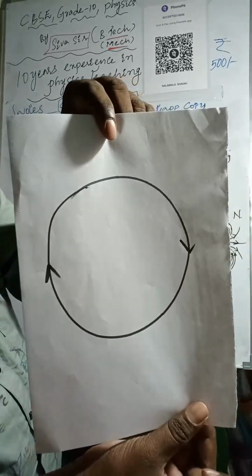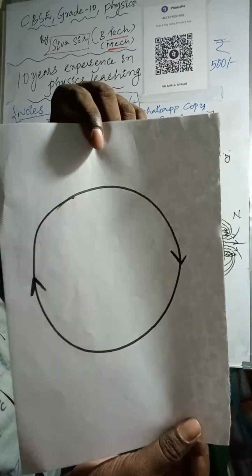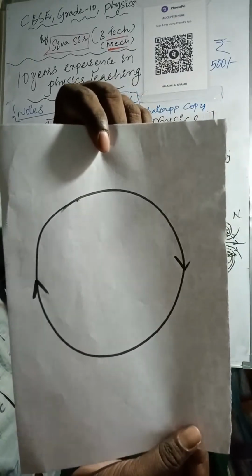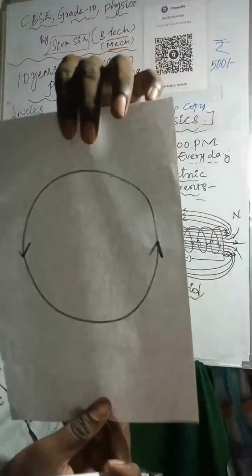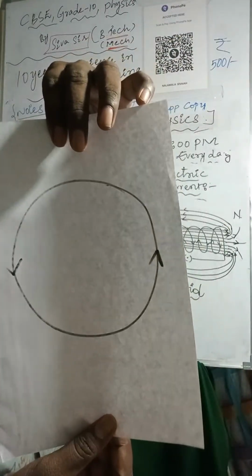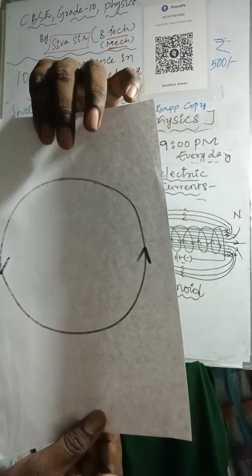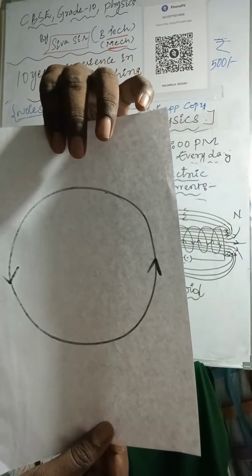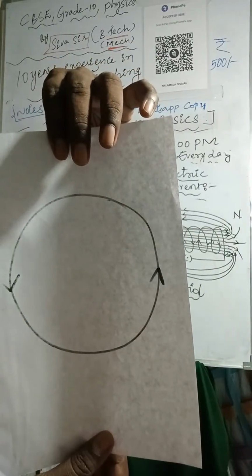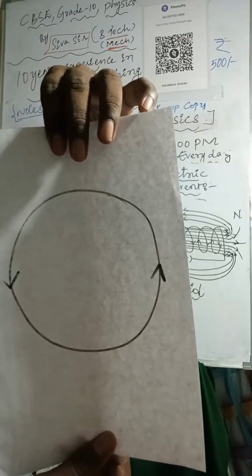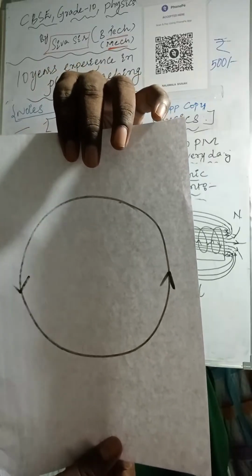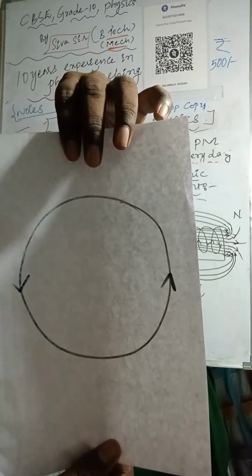Anti-clockwise or clockwise current direction? Clockwise. So if you see from the back side exactly, how is it? Anti-clockwise direction. Okay. So if you change the view, automatically the direction of the current also changes. That is simple.